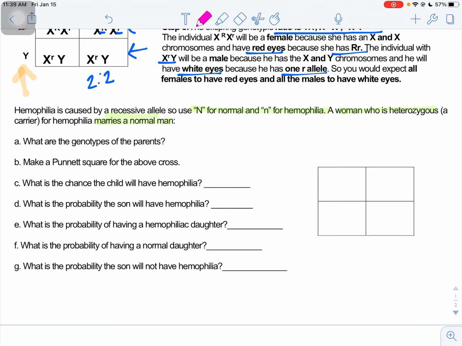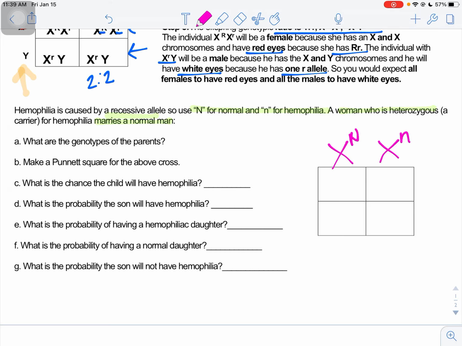So first question asks, what are the genotypes of the parents? Well, a woman who is heterozygous. First of all, we have a woman, so that means that we have XX. And she's heterozygous, so we need to now put those alleles for that trait as our subscripts. She's heterozygous, so that means big N, little n.